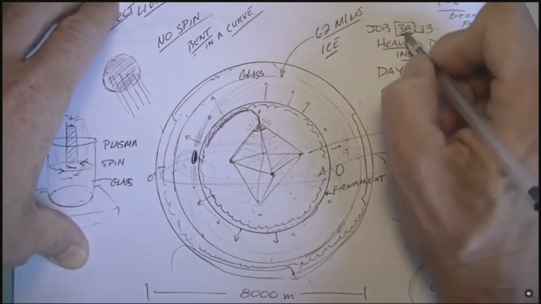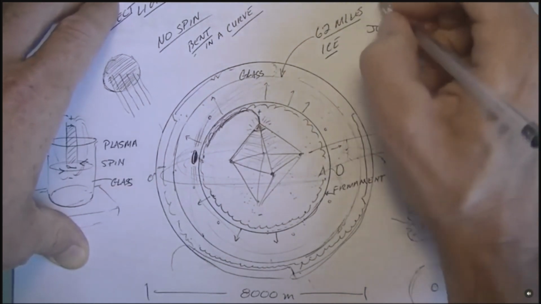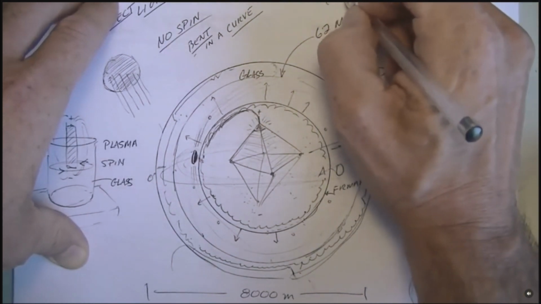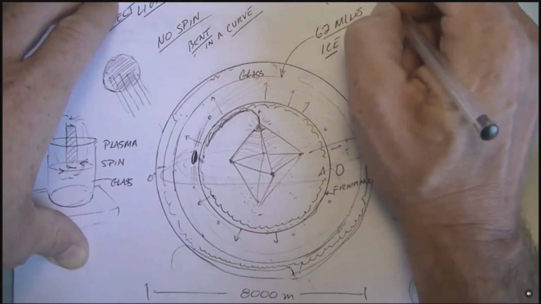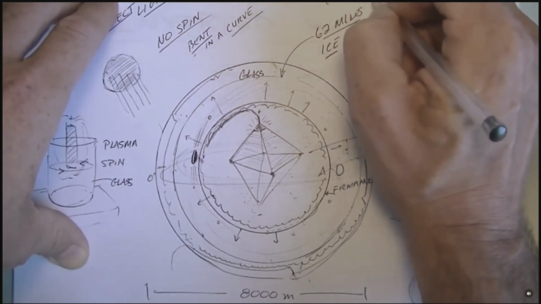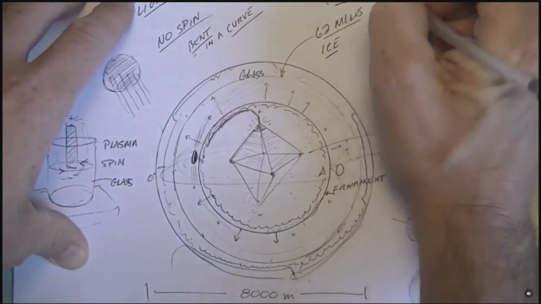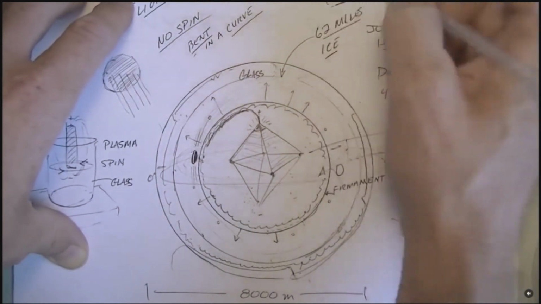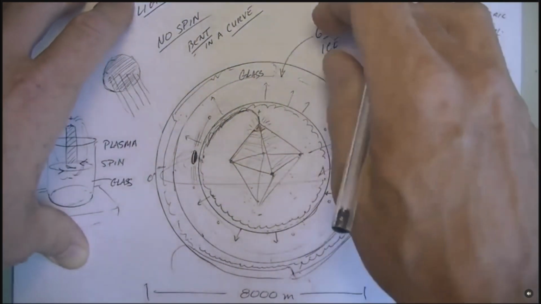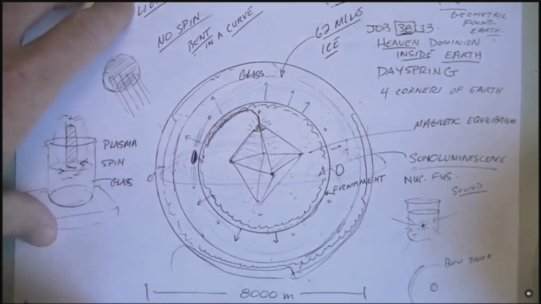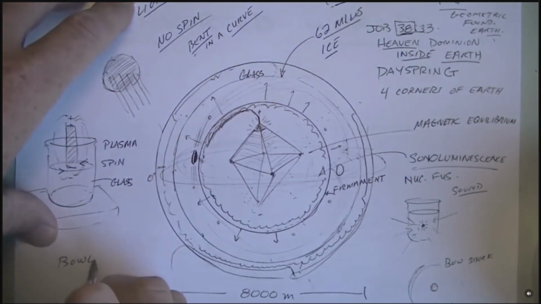Going back to Job 38, verse 22, verse 29, it's called the hoary frost of heaven. Now the word hoary frost in Hebrew actually connotates the image of a bowl or a basin.